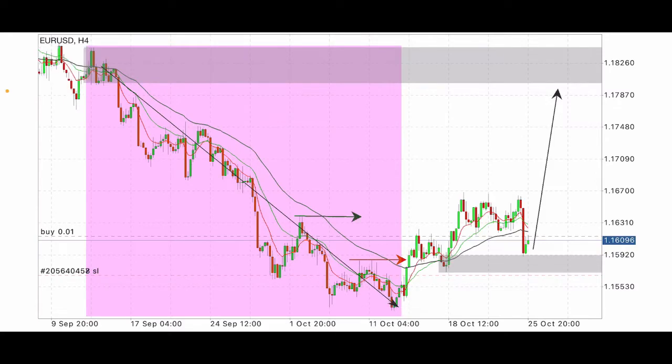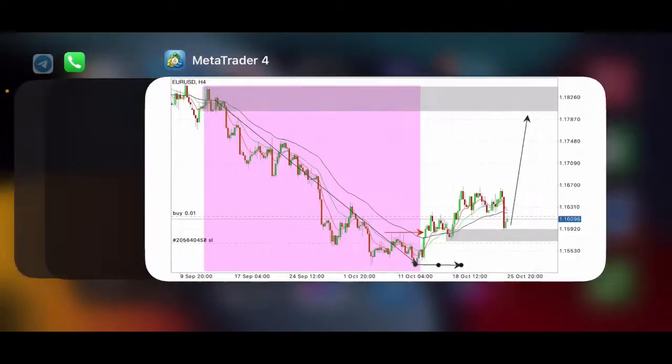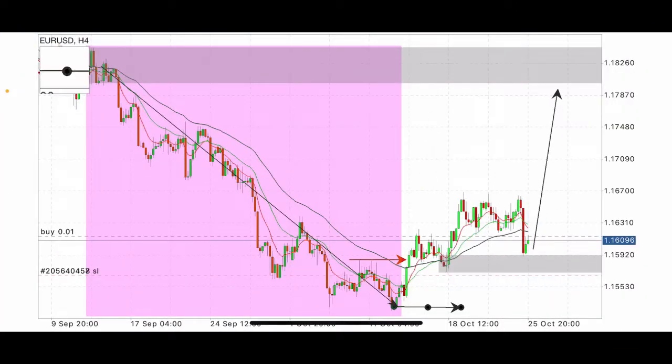Price then went up like that, and broke previous structure, which is the red arrow, right?